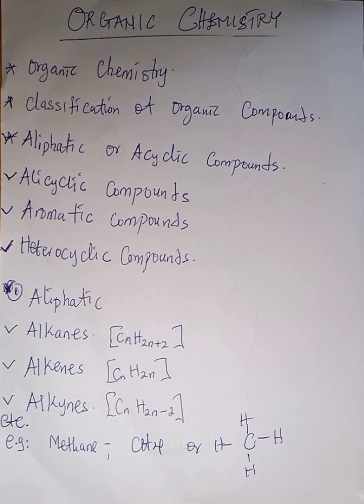Some people define organic compounds as compounds of carbon and maybe other atoms, but excepting most oxides of carbon like carbon(IV) oxide and carbon(II) oxide. You cannot say those are organic chemistry.